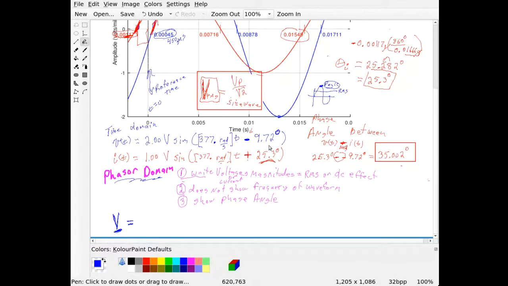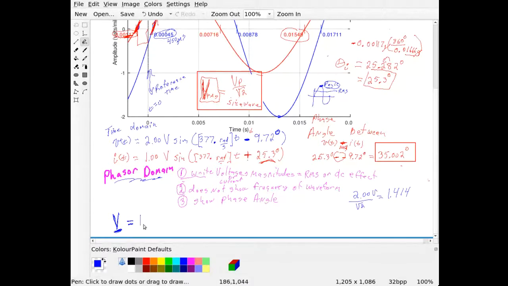Our peak value was 2 volts, and we're going to divide by the square root of 2. That is going to give us 1.414.